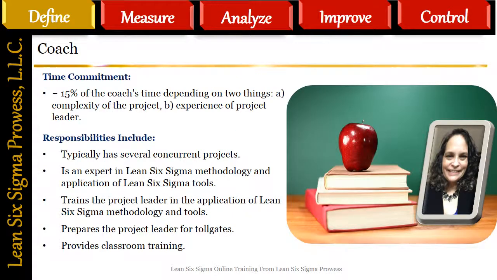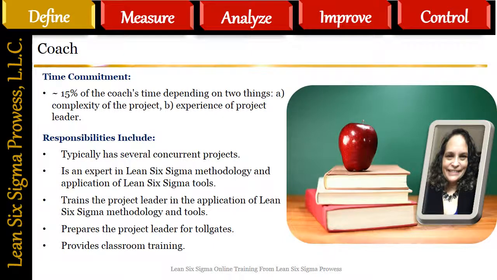Coach. Time commitment. A Lean Six Sigma project takes up about 15% of the coach's time depending on two things: A. Complexity of the project, and B. Experience of the project leader. Responsibilities include: typically has several concurrent projects.